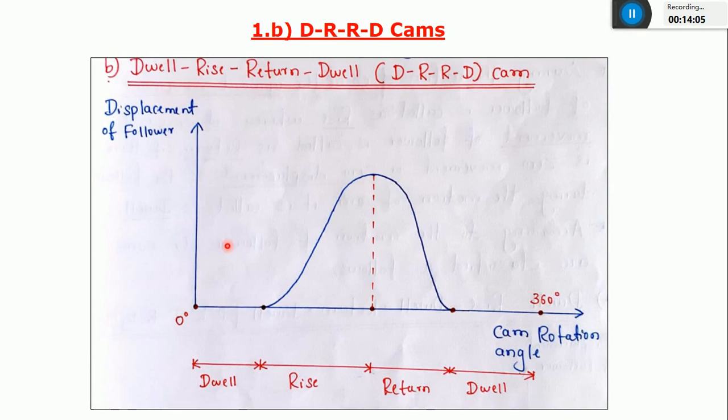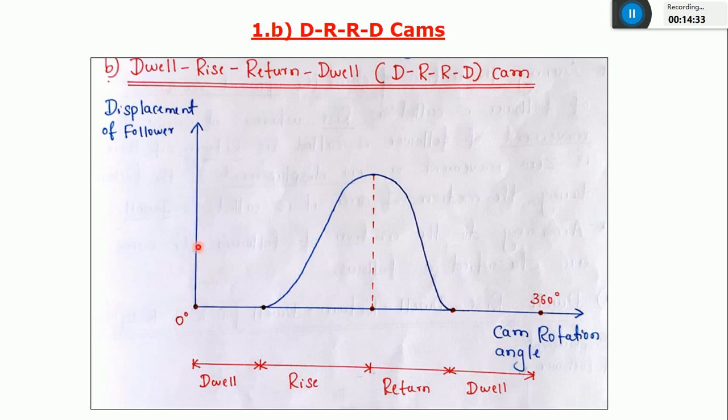Okay, if you want, you can take this drawing. The second classification, that is DRRD cams. Again, I'll take the same displacement diagram. Along the x-axis, I'm going to plot the cam rotation angle from 0 degree to 360.